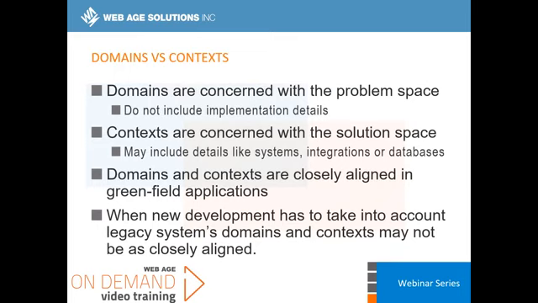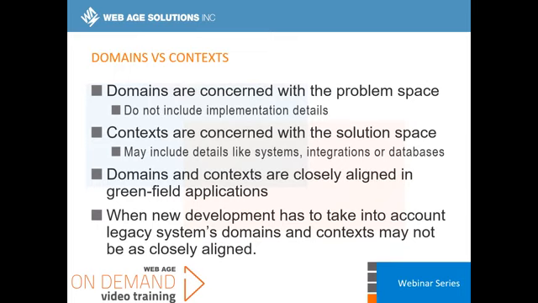So, you may need to address things like GDPR or other kinds of security or personal identity concerns in applications where you didn't have to before. And so those are new problem space things that I need to worry about.